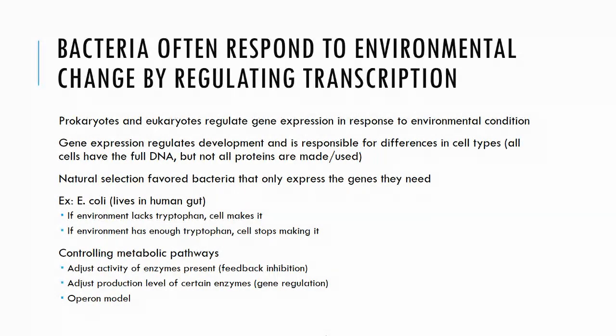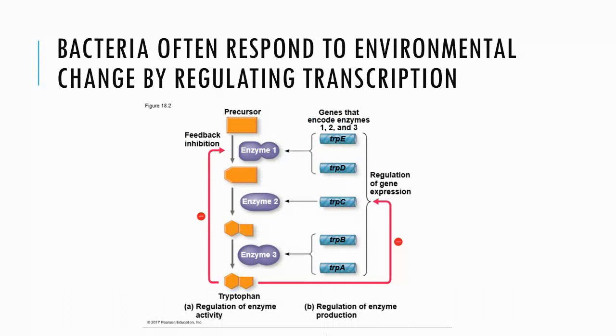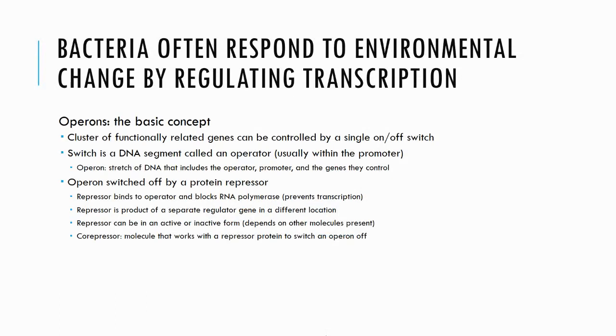Bacteria do that through the operon model. And this is a picture diagram of the tryptophan operon and how that works. We'll go through the explanation here that will help make this more clear. Operons are a cluster of functionally related genes that can be controlled by a single on-off switch.